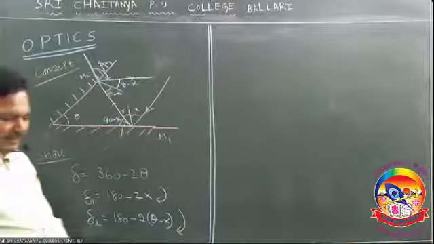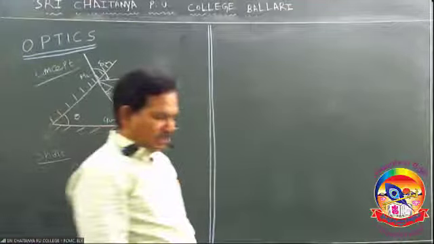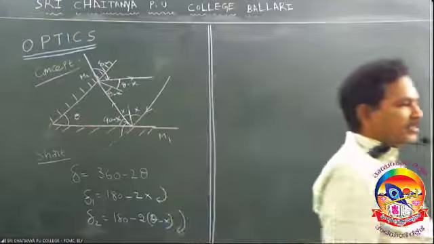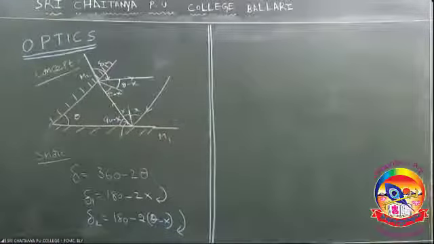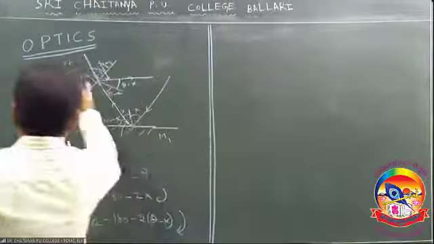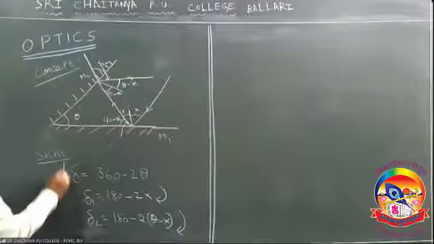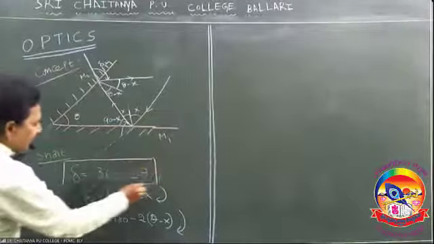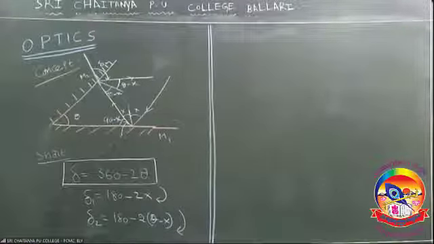Take this one concept: two mirrors inclined at an angle theta. After two successive reflections, what is the total deviation? No need to do this entire thing in the exam. Directly we can use this formula to calculate the total deviation after two reflections.